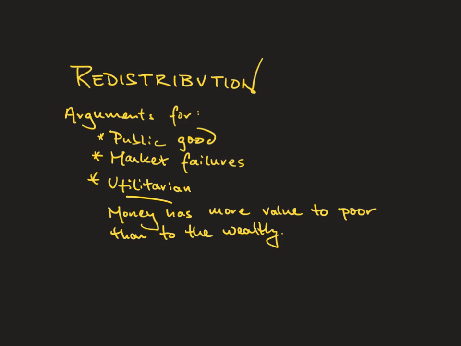Here's a variation on that idea. Think of someone fantastically wealthy like Jeff Bezos. If we were to take $1 million from Jeff Bezos, it would never impact his life in any way whatsoever. He will always have more money than he ever knows what to do with.